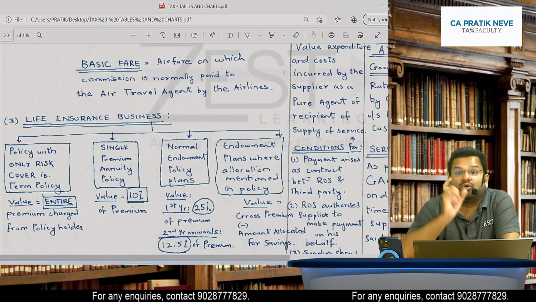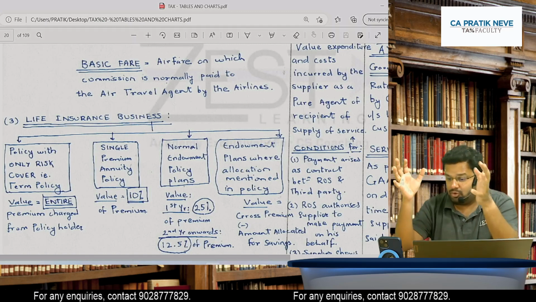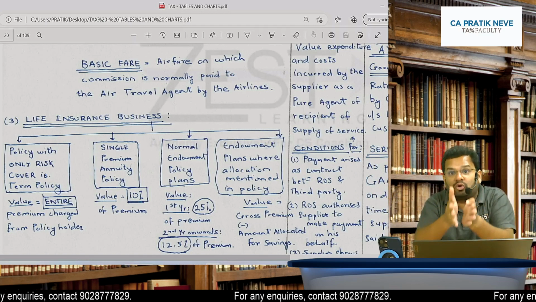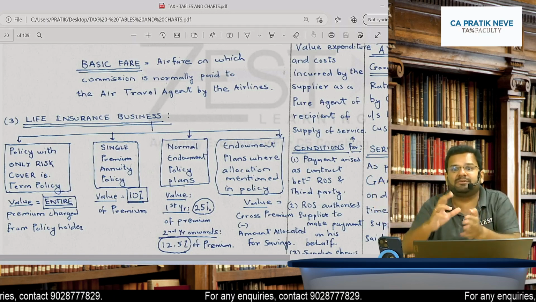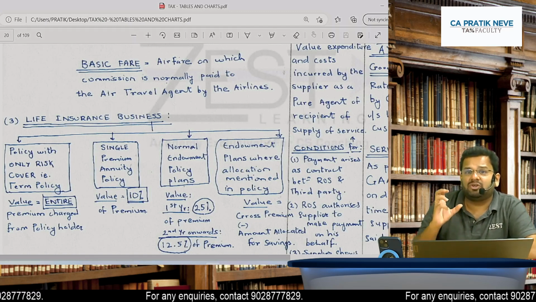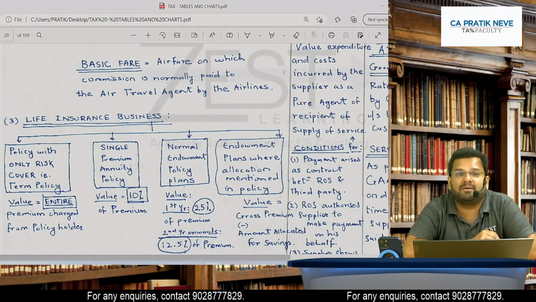Yes. Out of 12,000 lakhs, they are saying, see, 12,000 lakhs is overall premium you got in your kitty. But out of that, what is first year's premium? Means from those policyholders who have just taken out the policy. How much is their premium?